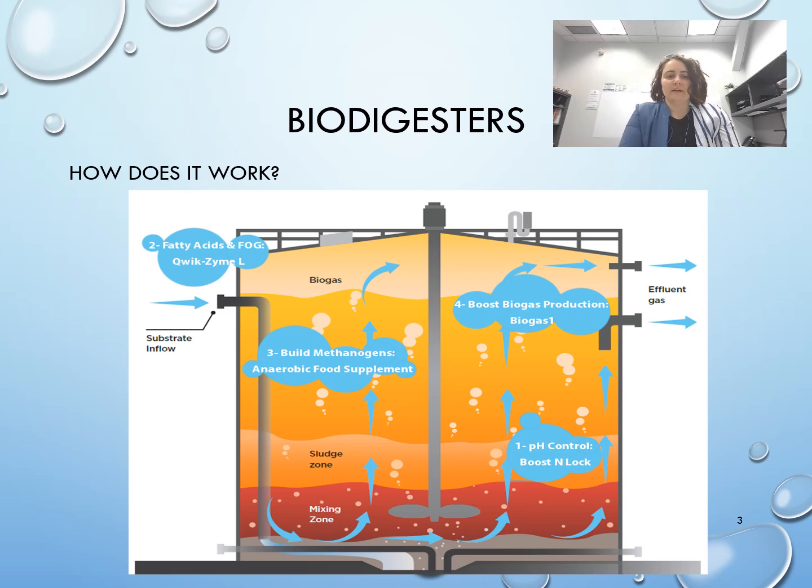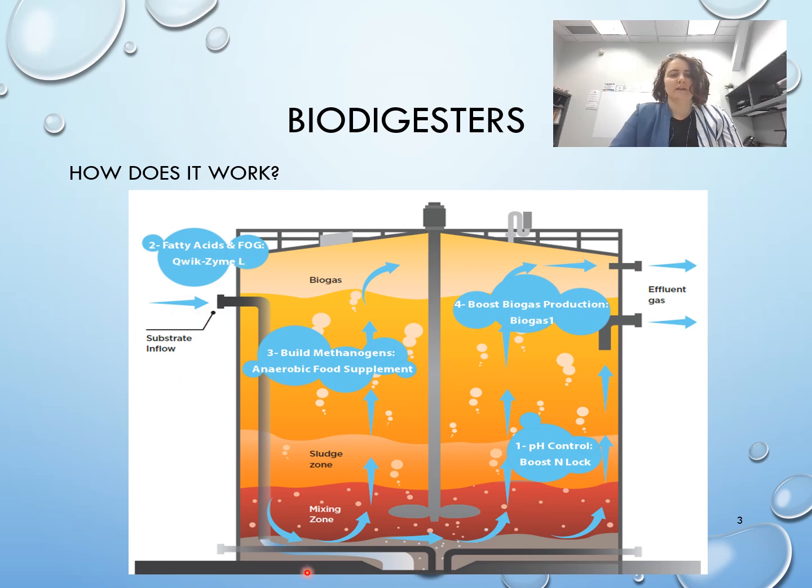So this is an example of a very specific type of biodigester, but I think it's a good overall photo to show you what's going on in the systems. So what you'll see here is this is a proprietary technology, so they're specifically looking at removing specific things, but the idea is that they are pushing in all of their wastewater, and their wastewater has high fatty acids content and what we call FOG, which is fat, oils, and greases.